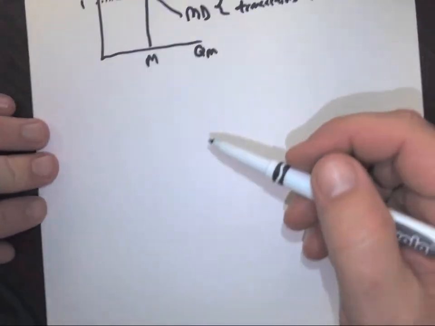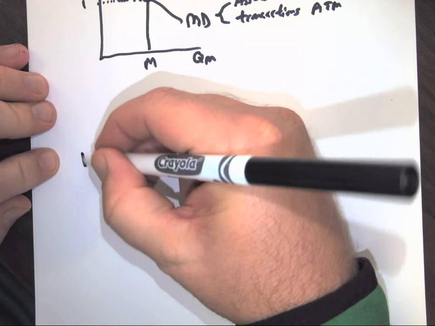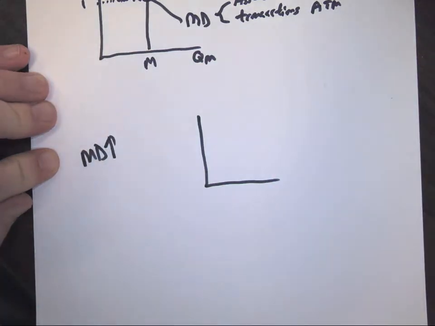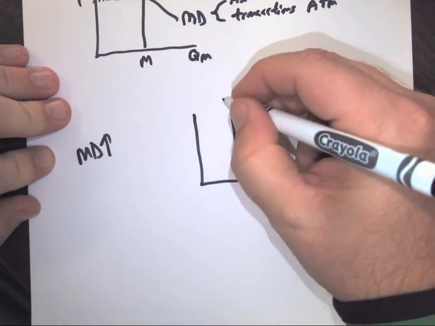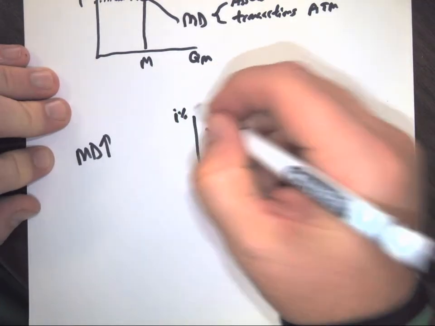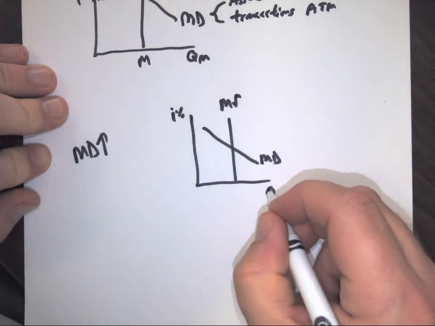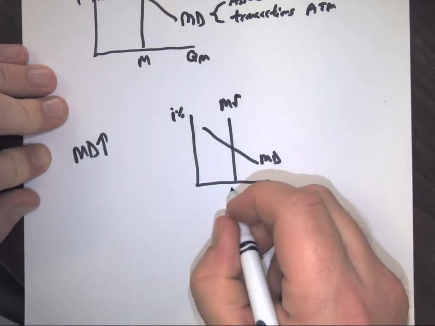Now, let's look at what happens if we actually were to shift this. Okay, so say we have a money demand increase. We'd have a vertical money supply, money demand, our nominal interest rate. That's a terrible S. Okay, and our quantity of money, and then our money itself.